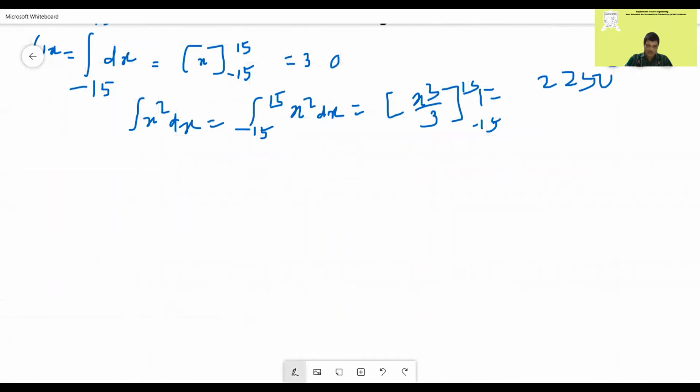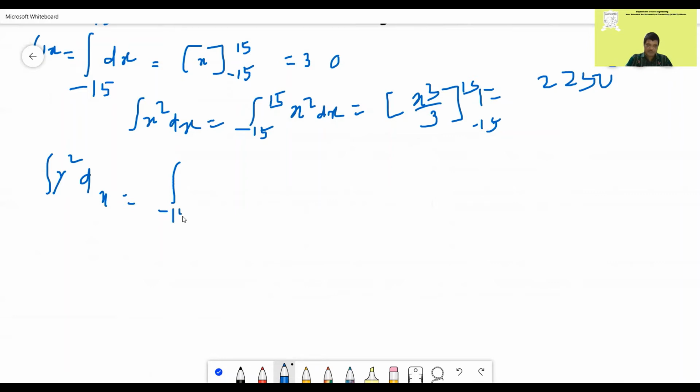Now next calculate the value of y square dx. Again x varies from minus 15 to plus 15, and y is 2 minus x square by 37.5, whole square. So do the integration. This value comes around 96.